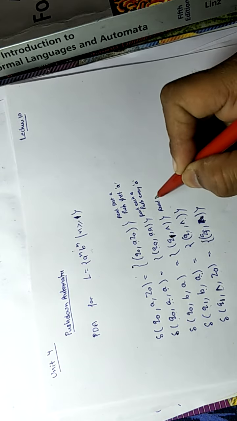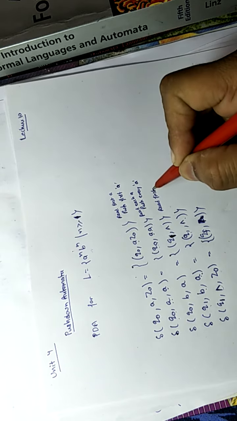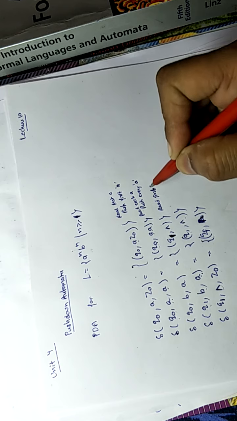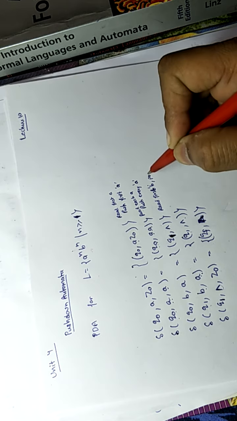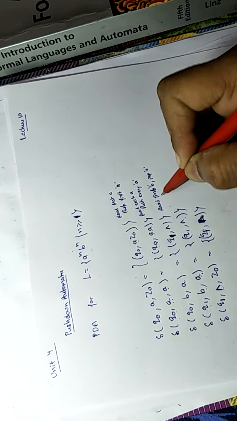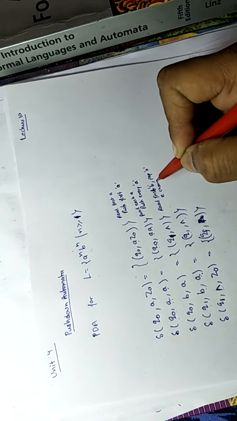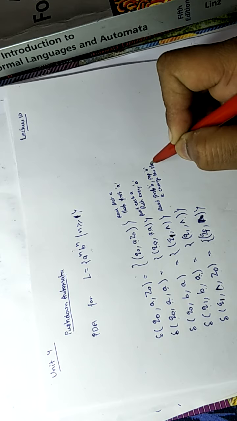Read first b, pop a, and change the state here.